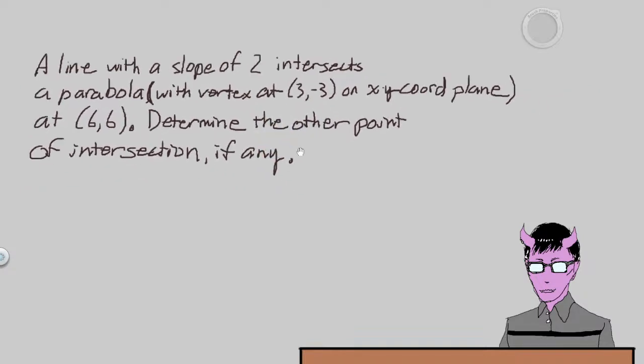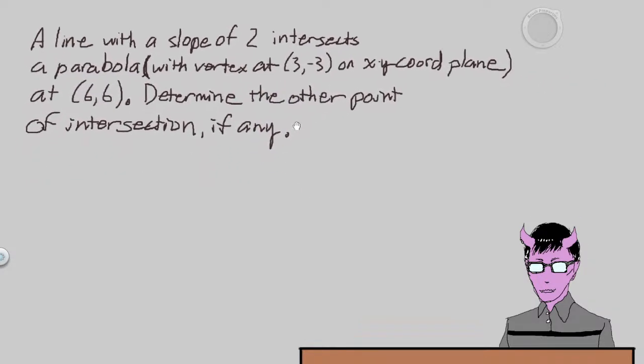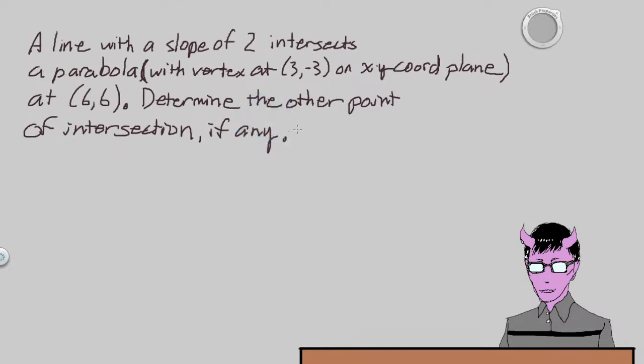Alright. So let's see if we can understand what's going on right here. We have a line with a slope of 2. So from a grammatical standpoint, we have the main action between a line. The rest of this is just modifiers, right? So a line. What kind of line is this? It's a line with a slope of 2.